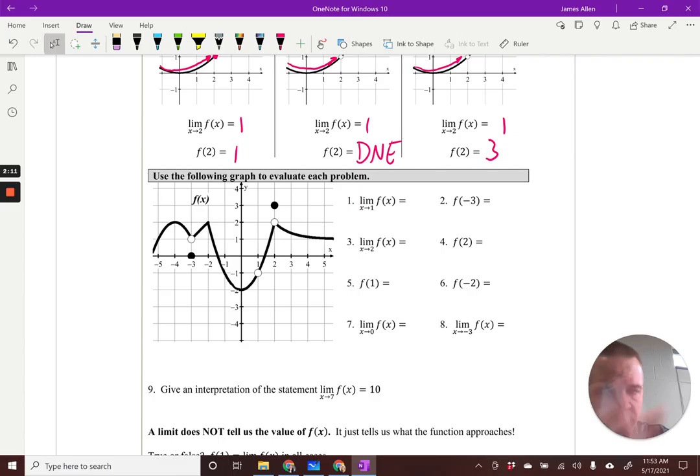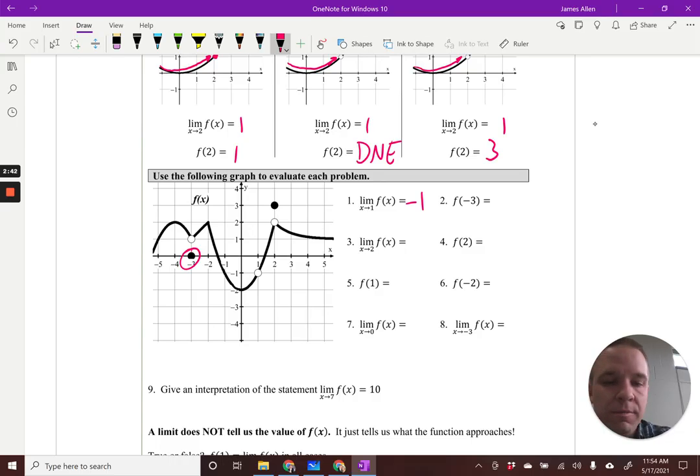We're going to be using that graph on the left-hand side. The limit as x approaches 1 of f of x. As x approaches 1, we're talking about that spot right there, so that would be negative 1. As x approaches 1, the function value is negative 1. The next one. What's f of negative 3? That would be the function at x equals negative 3, not the limit, but at negative 3.